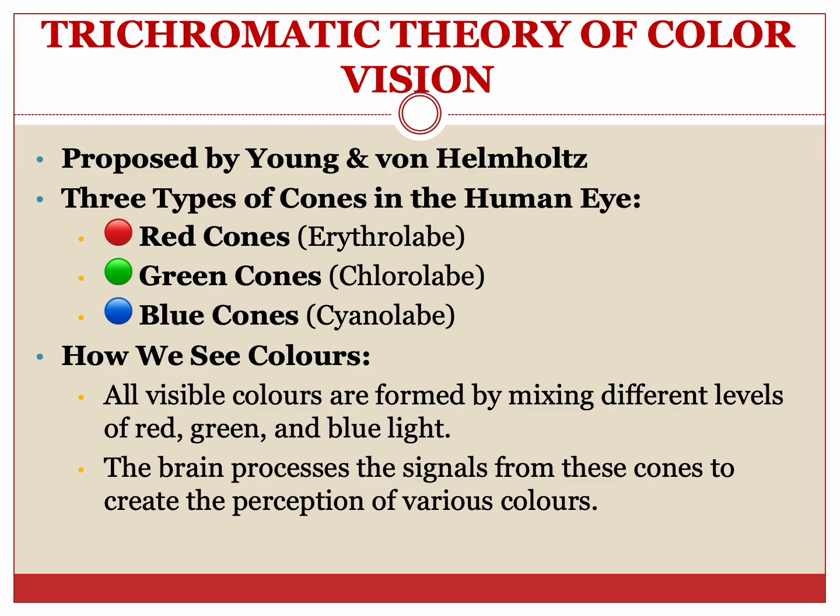The brain processes the signals from these cones to create the perception of various colors. So basically there are three colors only: red, green and blue, but by mixing different amounts of those colors, we get another color and we see that color. Okay, but those are basically just these primary colors only.